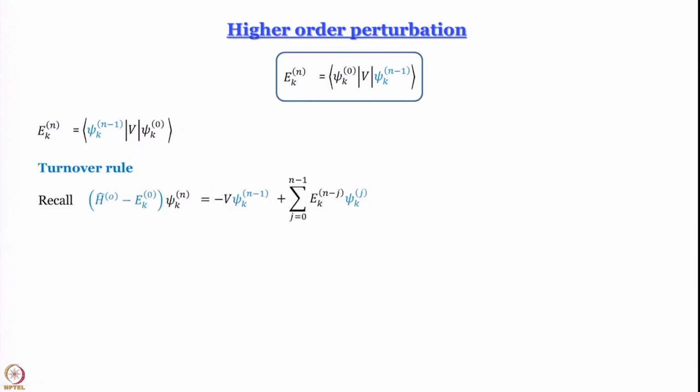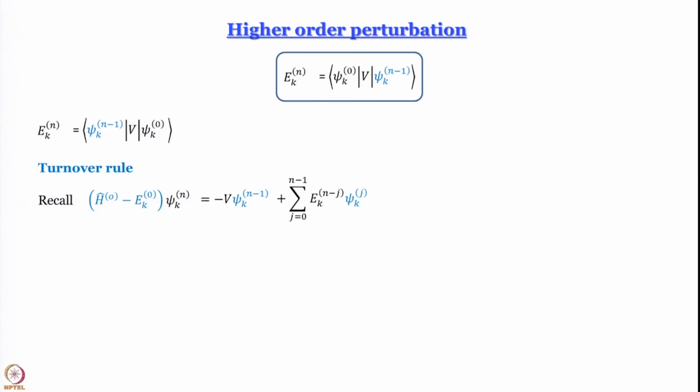Because we have worked out a very important relationship in which I have an expression for V operating on psi k n minus 1th. Now put n equal to 1, you get 0. That is how things can simplify a little bit.